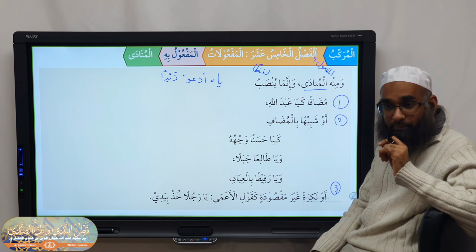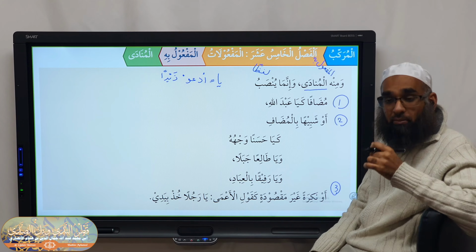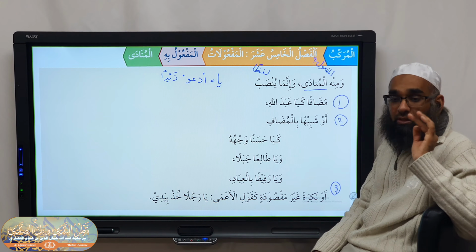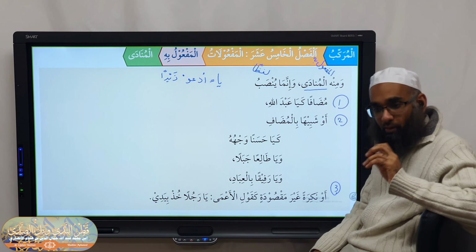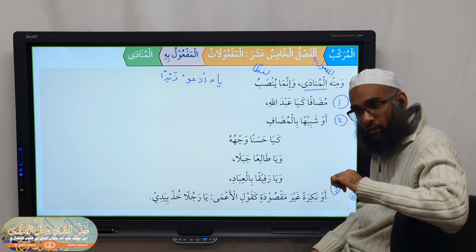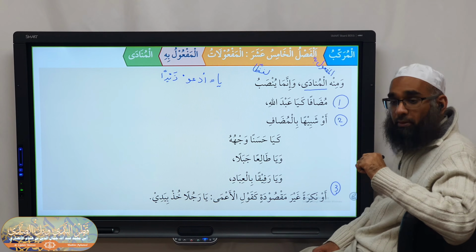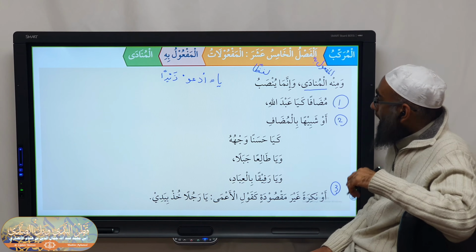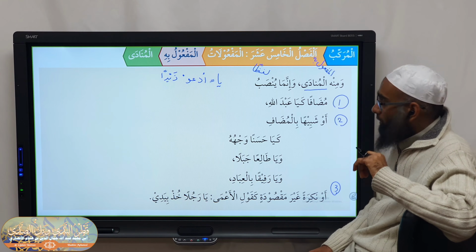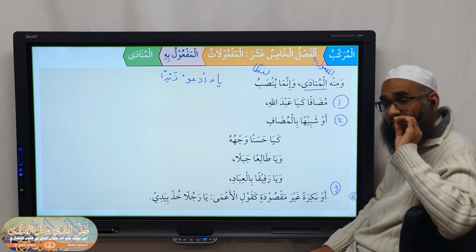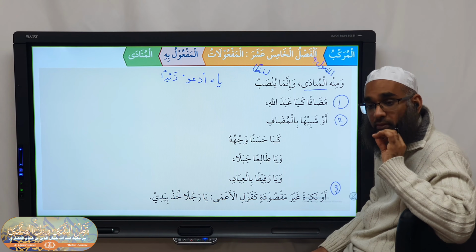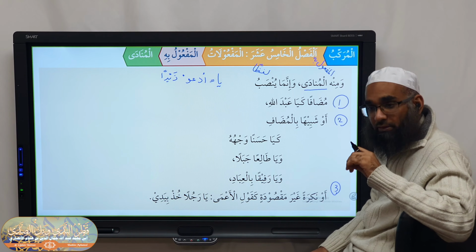So it's literally mansub, both in mahal and in lafz. For example, where does it become mansub lafzan and mahallan? Mudafan. If it is mudaf, then what does it become?